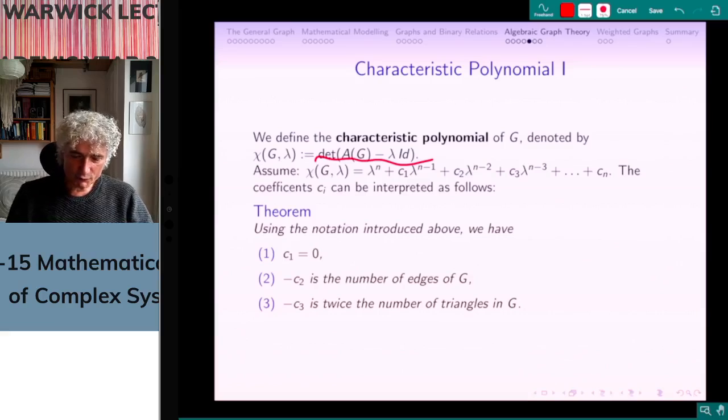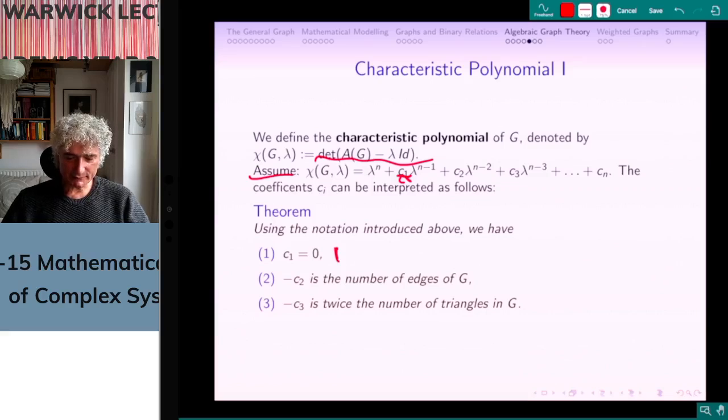And we use this normalization of the characteristic polynomial chi. And then the coefficients ci of this characteristic polynomial can be interpreted as follows, and this is quite interesting. In this case, the first coefficient c1 is always 0.